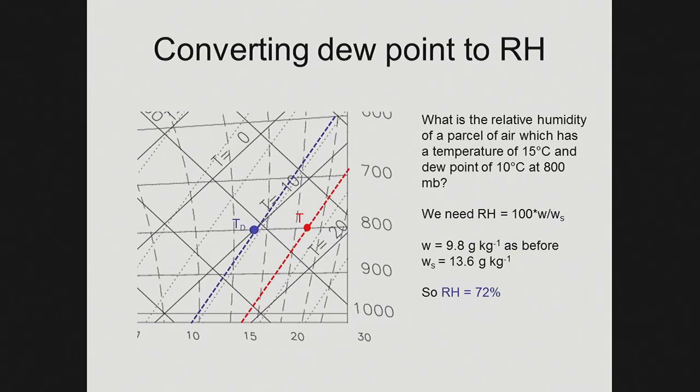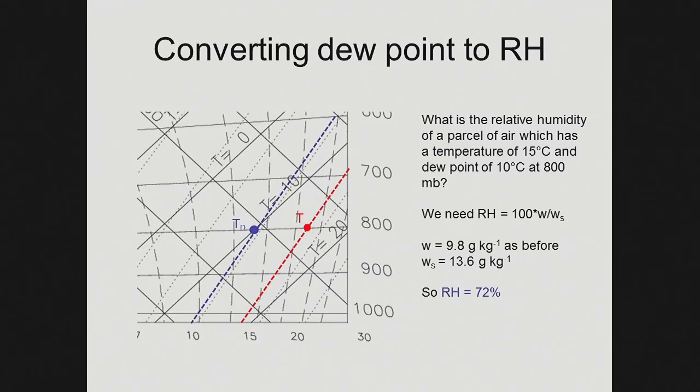So we need to know the temperature, 15 degrees in this case, and a dew point of 10, again at 800 millibars. I'm plotting both of these here. These are two points, dew point and temperature. This is 15 degrees, halfway between 10 and 20 along the 800 line. And I'm using a slightly different definition of relative humidity here.